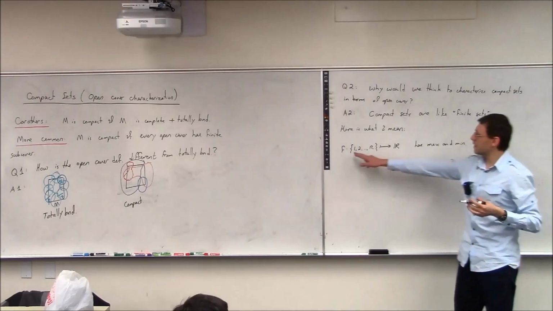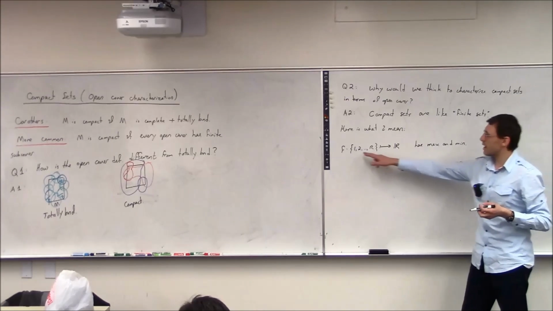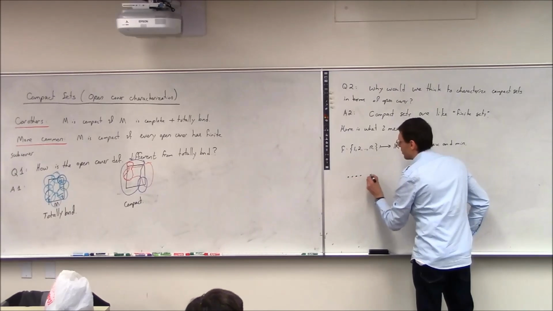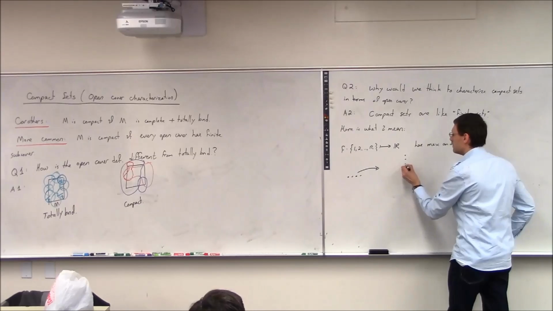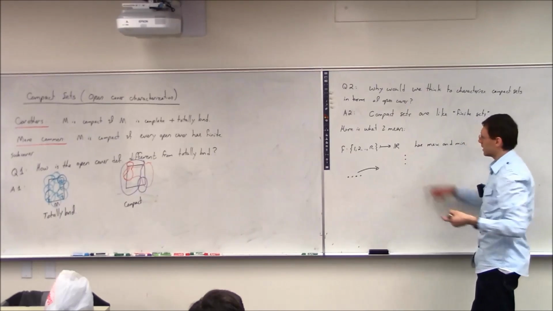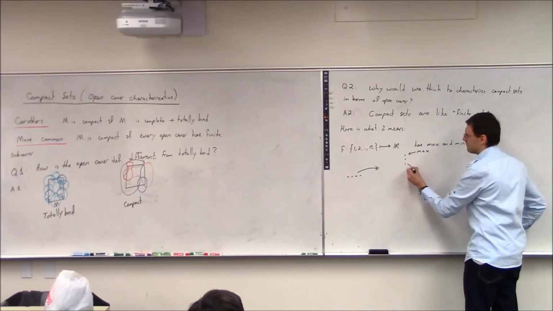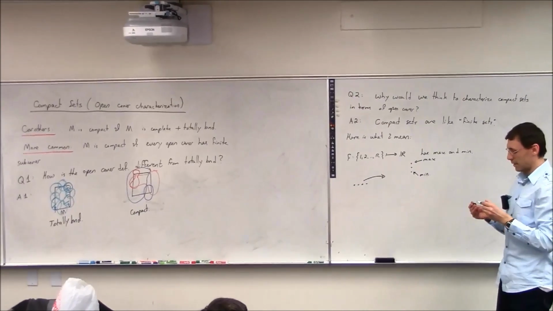I don't need to know anything about this function to know it has max and min, because f of 1, f of 2, f of 3 is just a bunch of points, and those points are going to be mapped to a bunch of other points where clearly there is a maximum and there is a minimum. So if a set is finite, we have a maximum and minimum.